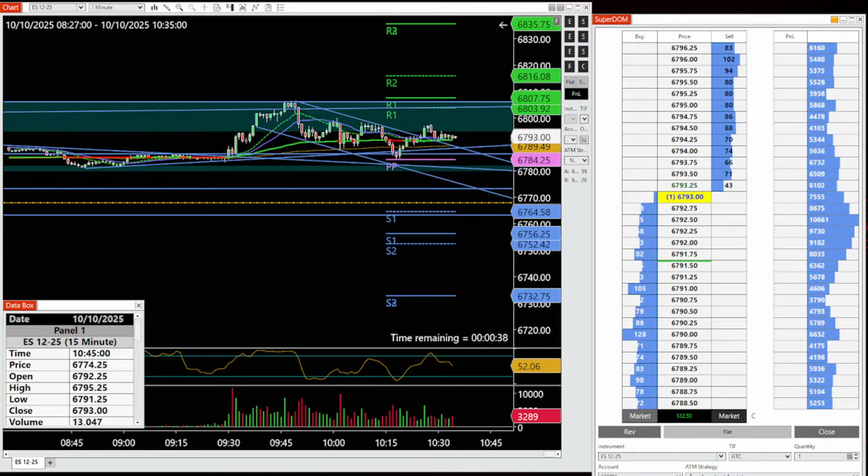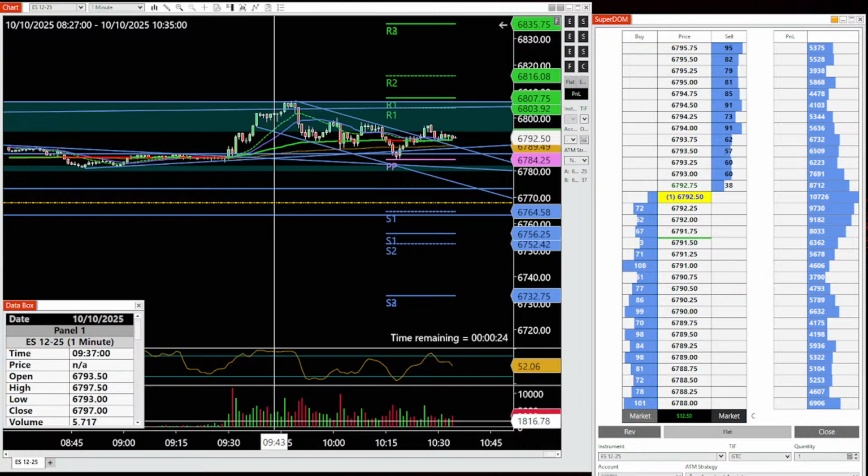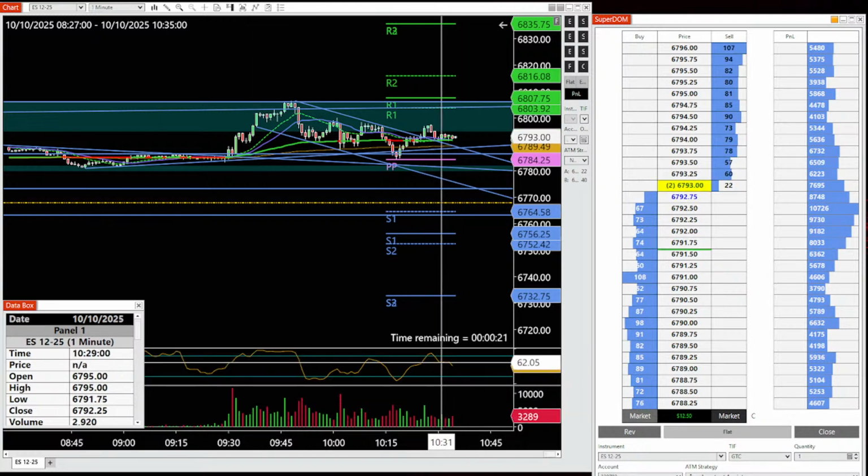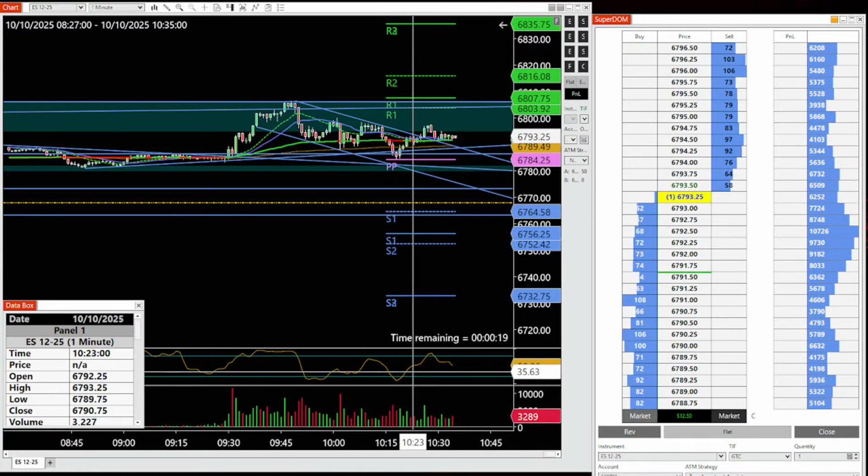He's sitting on his 92.50. Either break down or break up. We got a rotation down, little pop, a little rotation down. Let's see where it wants to go.